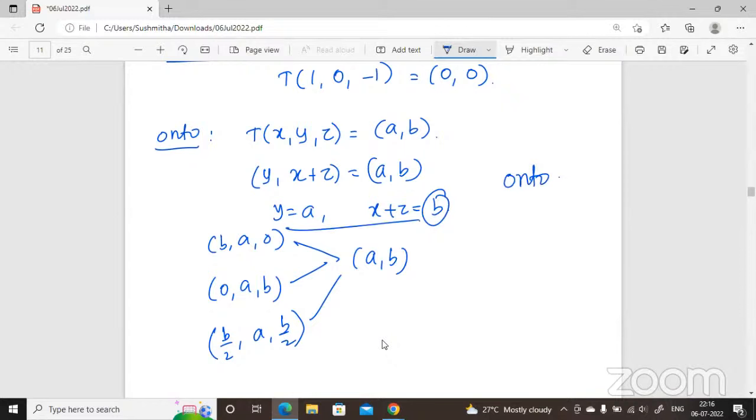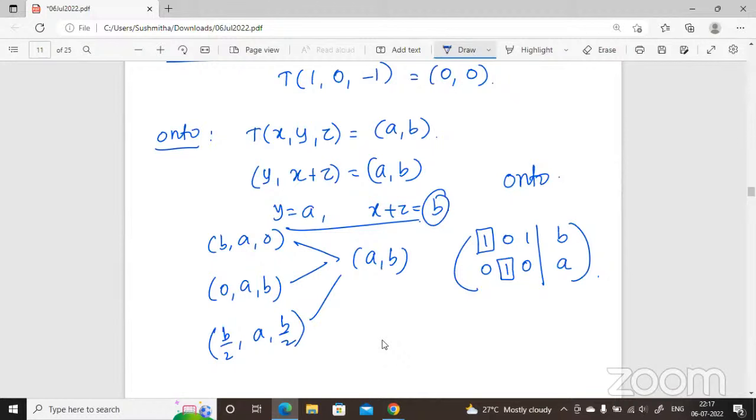I just want to solve this system, right? 1, 0, 1, b; 0, 1, 0, a. This is already in row echelon form. How many solutions will the system have? Infinite, because there are only two pivots, two dependent variables, but there are three variables.